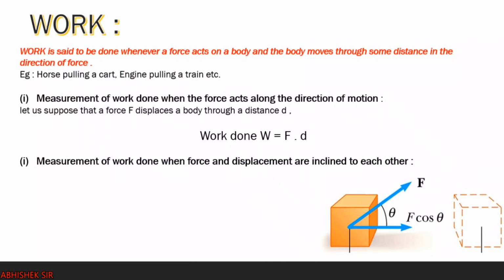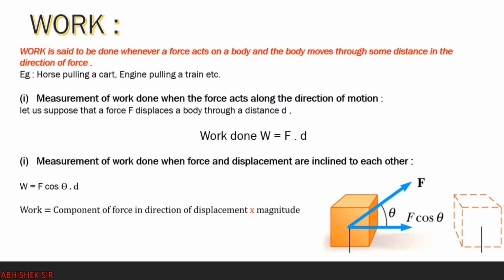That means F cos theta will be taken. So the formula is W equals F cos theta into D, where F cos theta is the component of force in the direction of displacement, and D is the magnitude of displacement. Clear? And remember that work done is a scalar quantity.